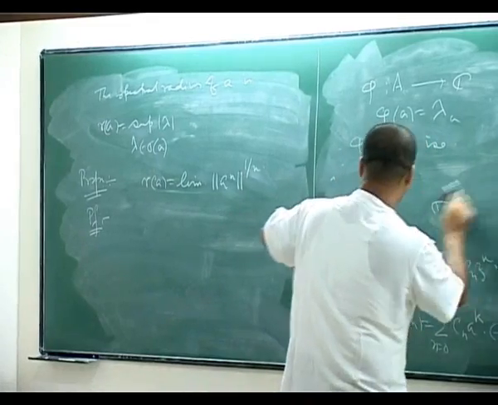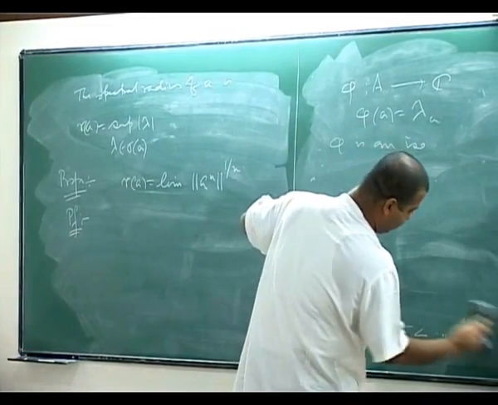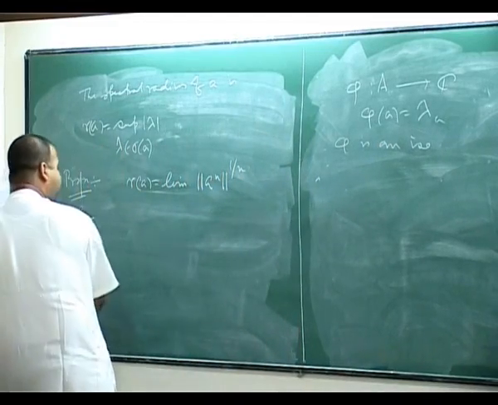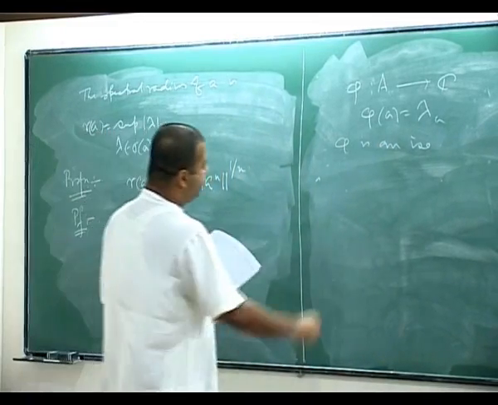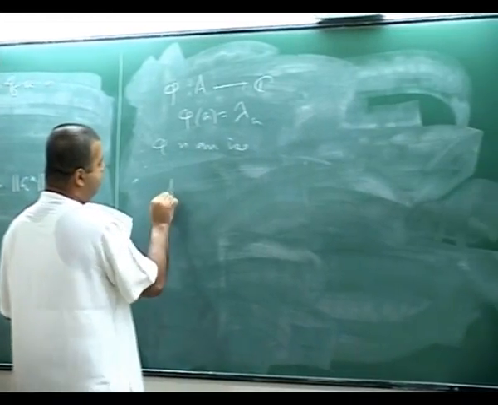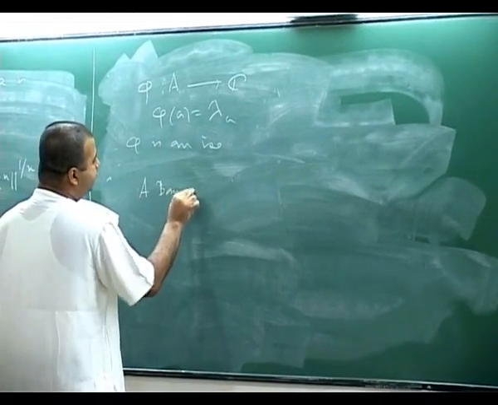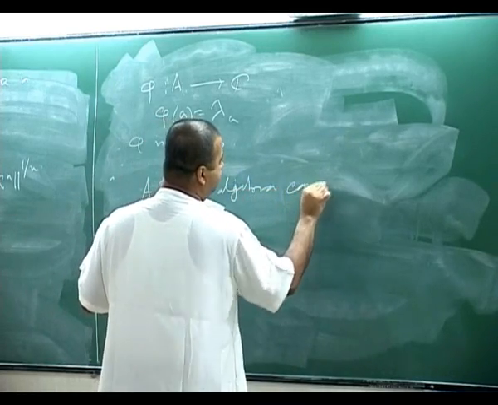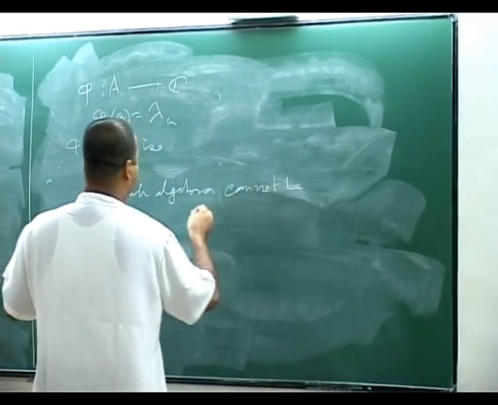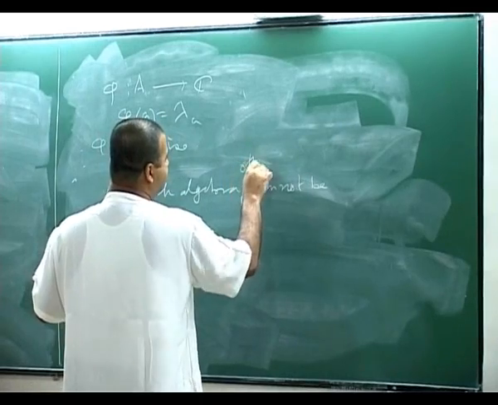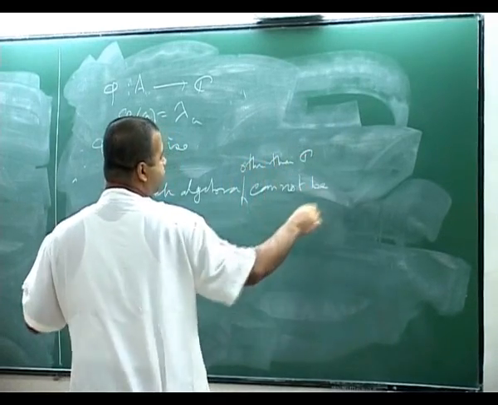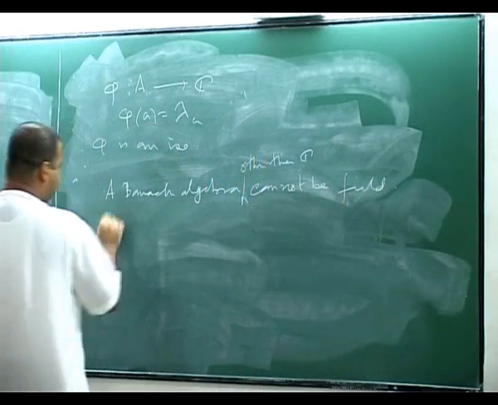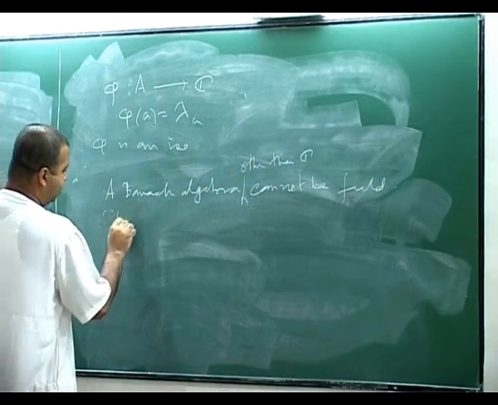After this observation, in a Banach algebra, if every non-zero element is invertible, that is C, that says a Banach algebra other than C cannot be a field, but it could be an integral domain. So let us give an example.